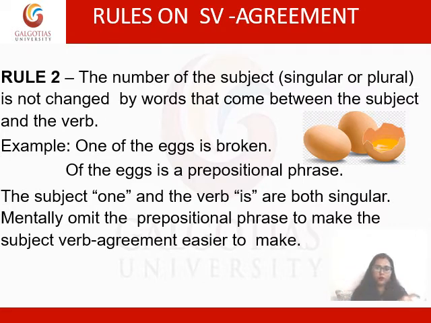Subject is one and is is the verb. So this prepositional phrase will not change the number of subject or the verb. The subject and verb are both singular. You can mentally omit the prepositional phrase to make the agreement easier.